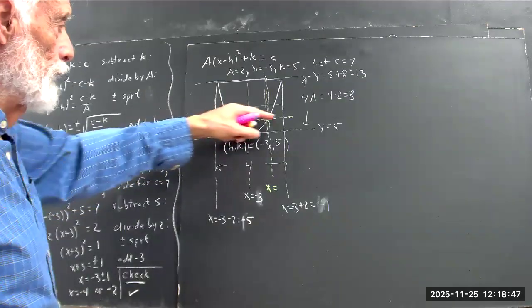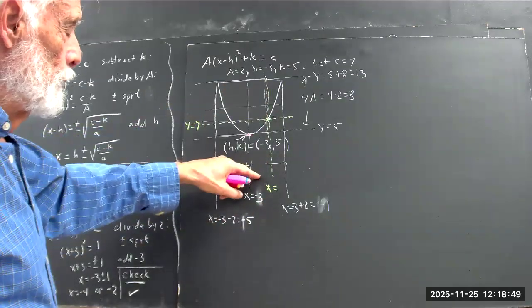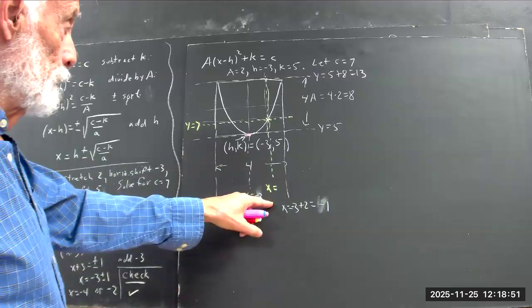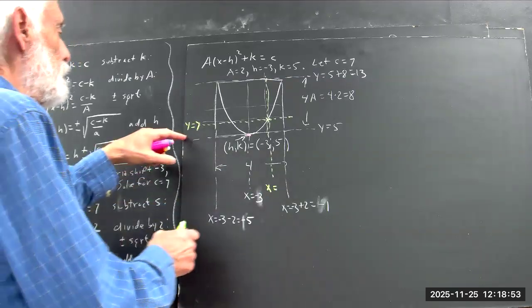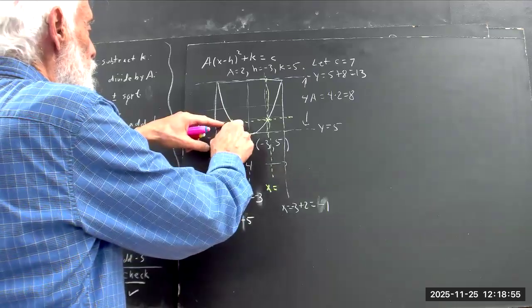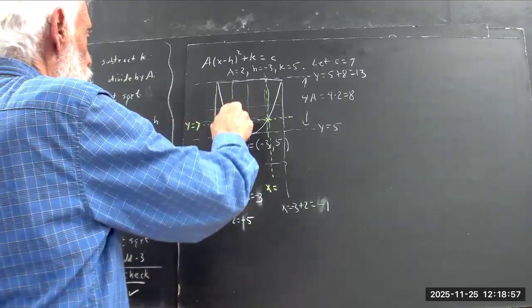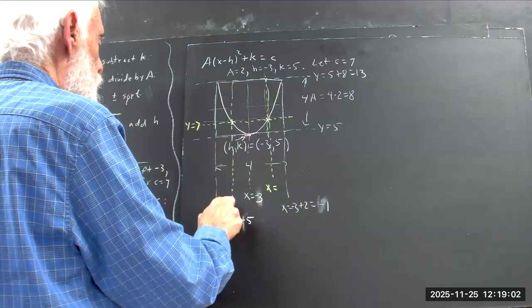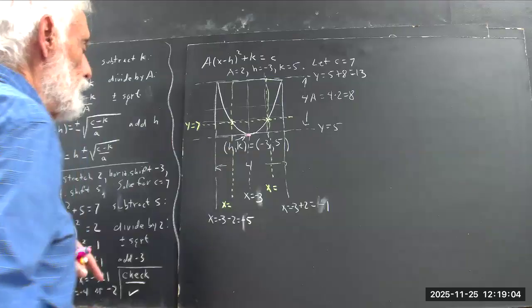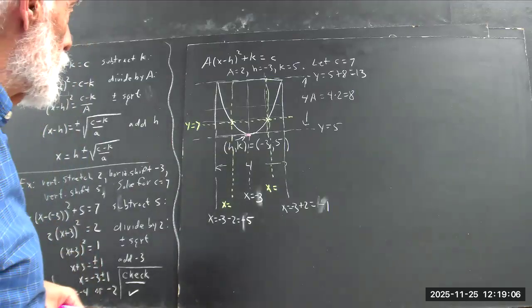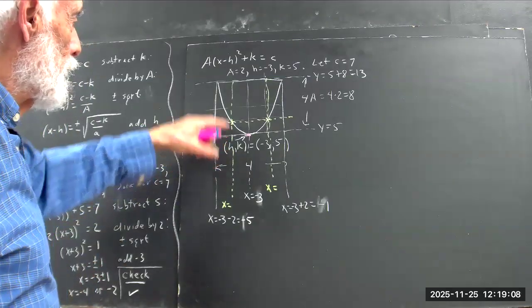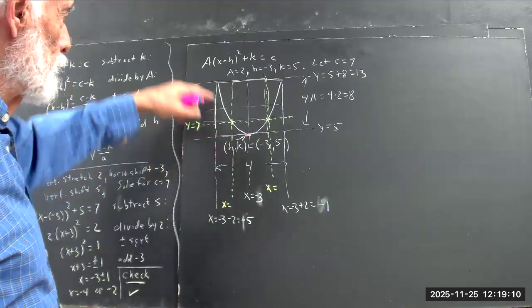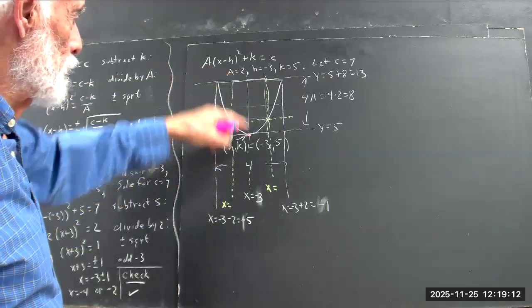Here's a point where the y equals 7 line intersects the graph. We estimate the value of x at this point. And then we have another point where we intersect the graph. That would be here. And we estimate the value of x here. Well, this vertical line looks like it's halfway between the left edge and the middle.